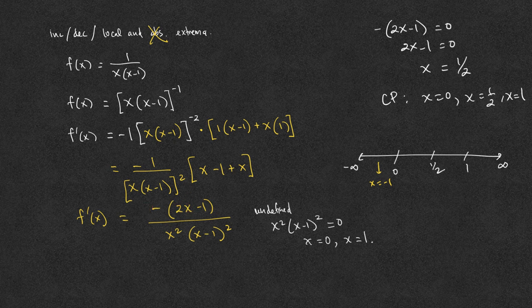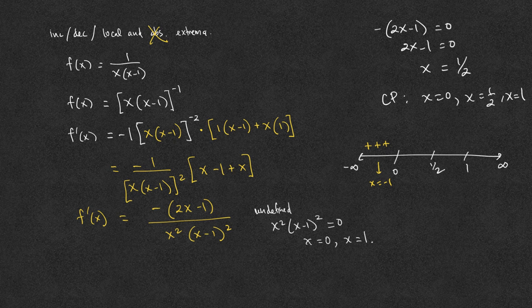The denominator is a product of squares, so it is always positive. We only need to check the sign of the numerator, because the denominator is always positive, being squared. When we plug in -1, the numerator is positive, so f prime is positive throughout this interval.